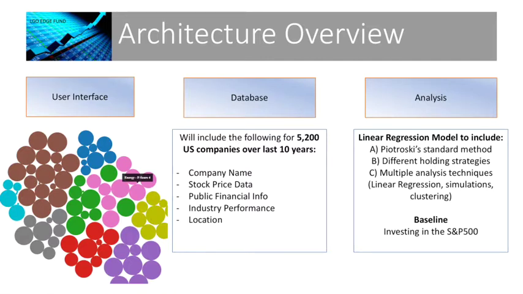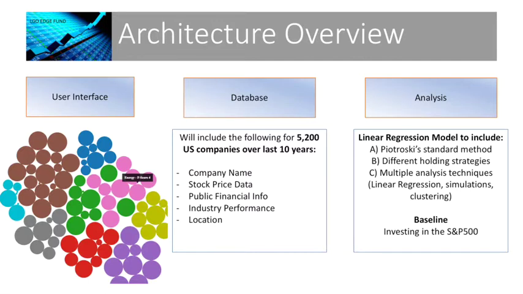The first part, we're using Piotrowski's original method, trying to replicate his results. Second part, we're actually deviating from his model. We're trying different holding periods, where he used only a year-by-year holding period.